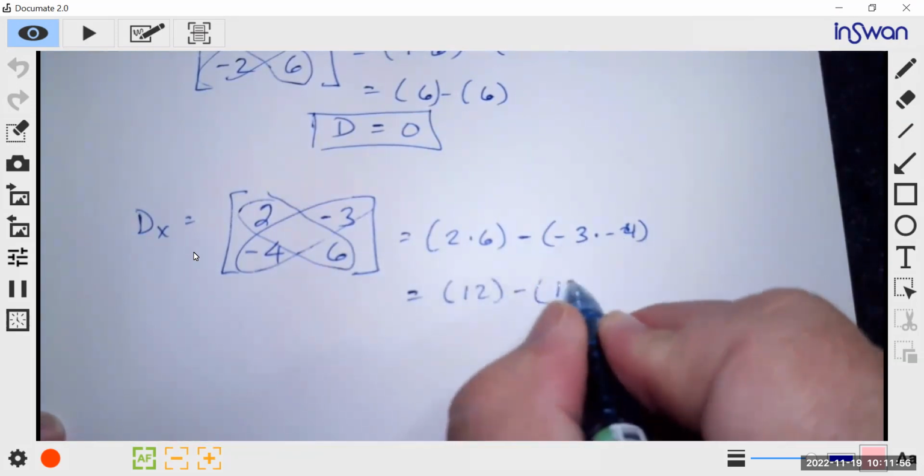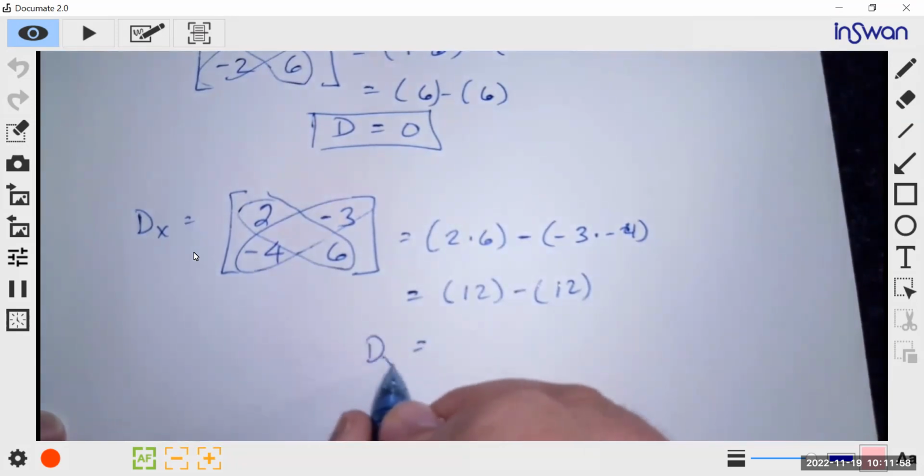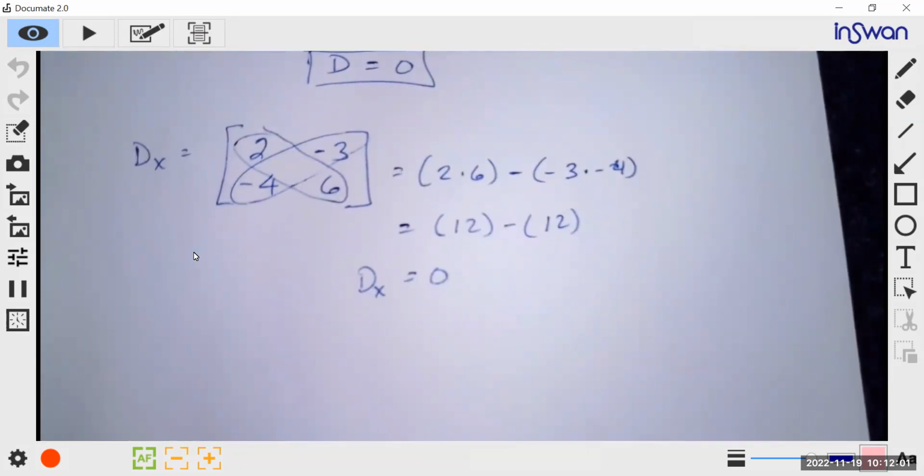Negative times negative is positive, of course, 12. So Dx is 0.